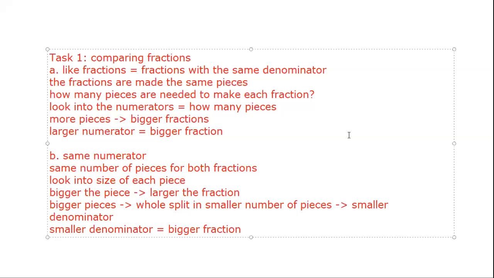I don't think I have. Okay, you can create a similar poster. Basically, if the whole is the same, then the larger the number of pieces you split it into, the smaller the pieces will get, right? So that notion comes in here. Okay. So this was task 1.